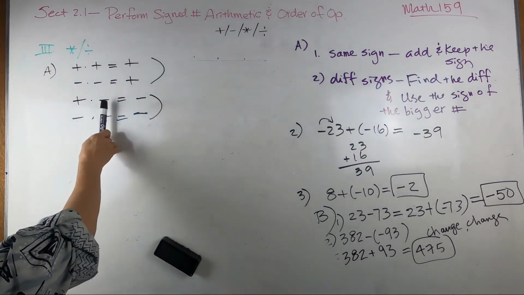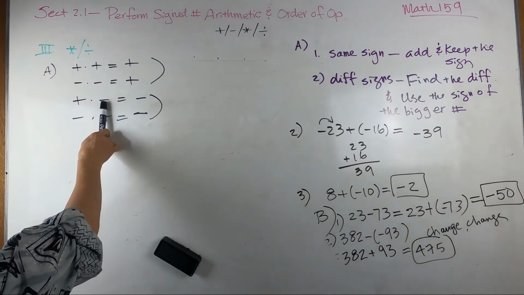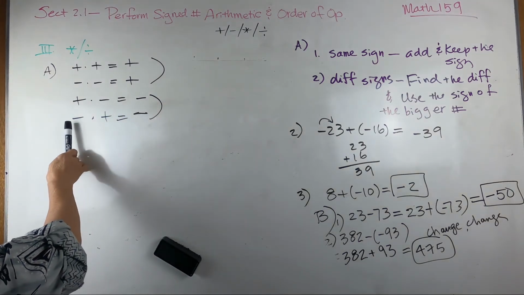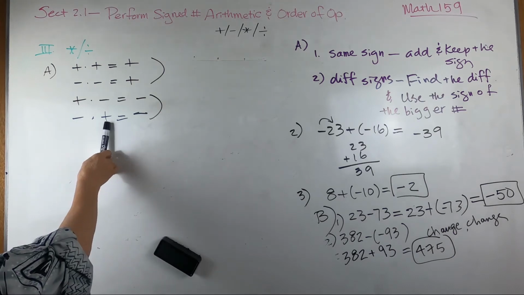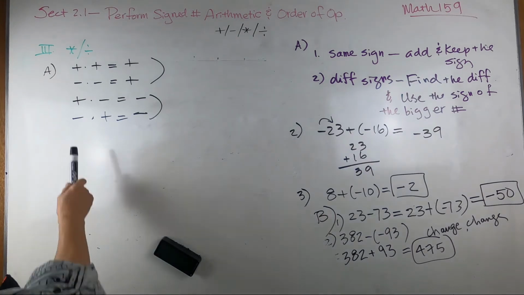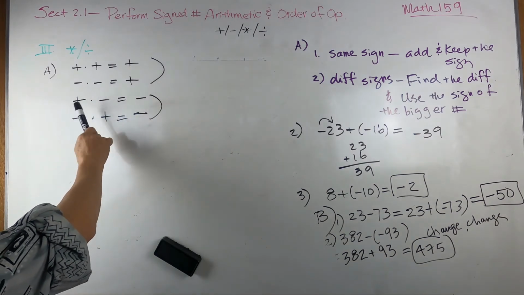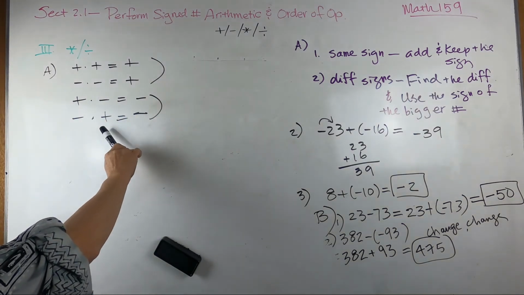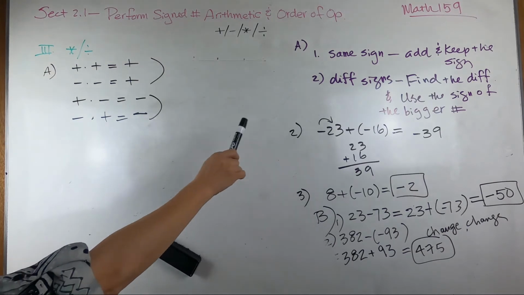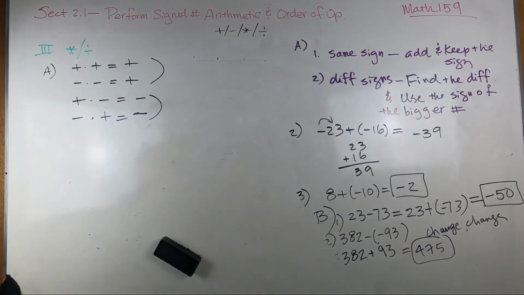If a good thing happens to a bad person, it's a bad thing. If a bad thing happens to a good person, it's a bad thing. It's just for your reference. So what you have to remember is same sign multiplied together is positive. Different signs multiplied together is negative. It's a different rule from your adding and subtracting.